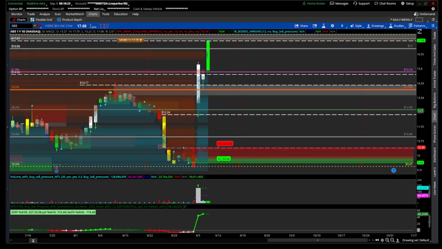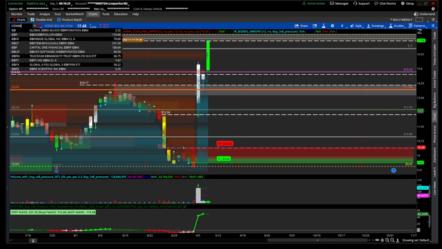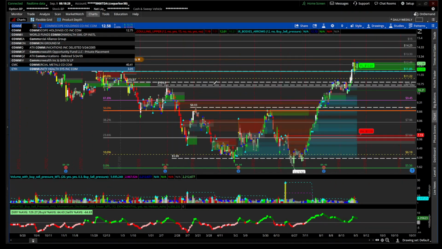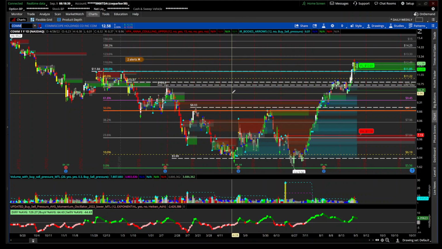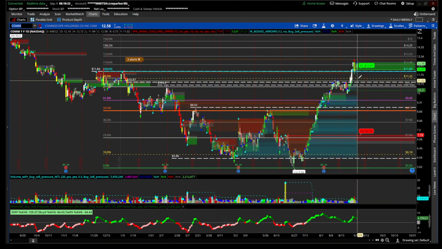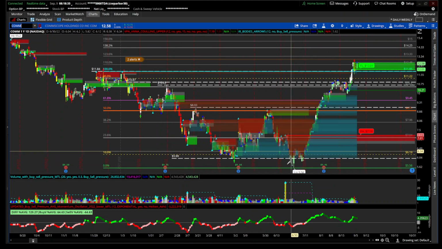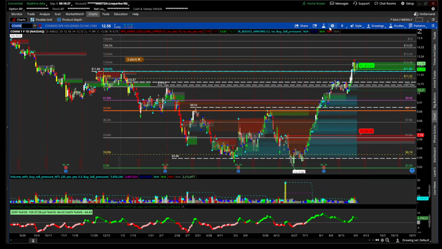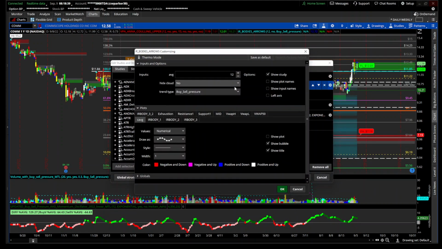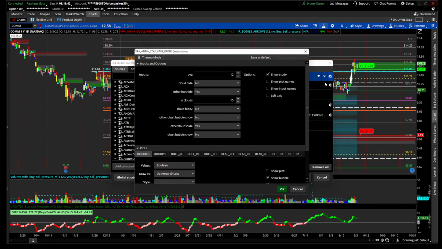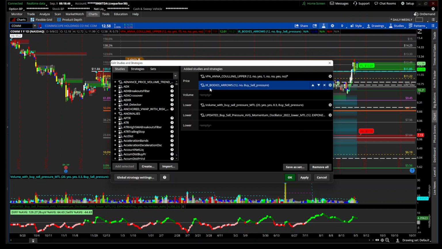And one other stock, if you're familiar with Wyckoff, this is perfect. You have this drop, base, rally, and this would be considered the spring. And let me take this down because I'm showing both of them, but everything that I've been showing you in the irregular body arrows is going to be incorporated into this VPA and cooling upper indicator.